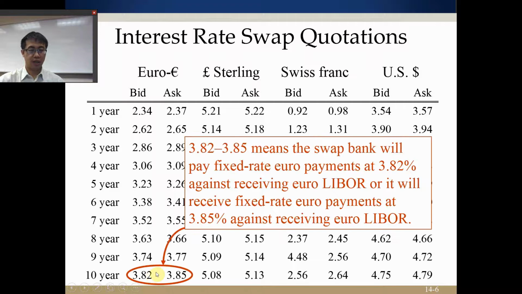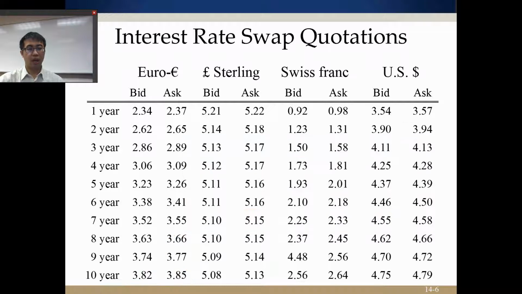So let's look at the last two numbers. This is a euro loan due in 10 years, and you have a bid and you have an ask. The ask price is 3.85%, and the bid price is 3.82%. So basically, this 3.85 means if you want to buy a LIBOR interest, you have to pay 3.85% for the fixed rate.